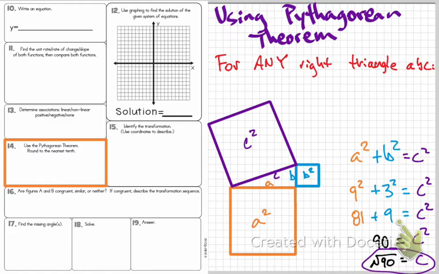Now, if you look at question 14, it asks you to round your answer to the nearest tenth. In some instances, like we just had, you're going to end up with an irrational answer. So the square root of 90 is an irrational number, and so the most accurate way we can write that is the square root of 90.